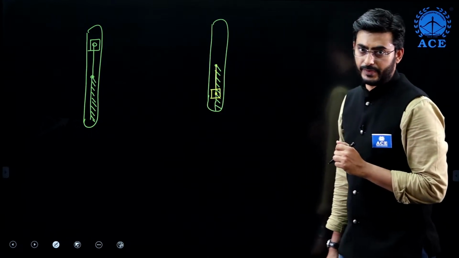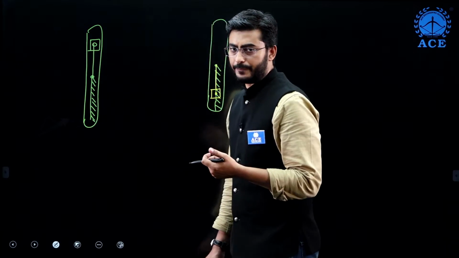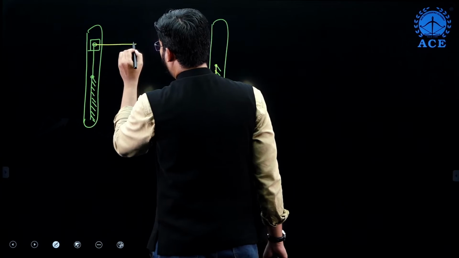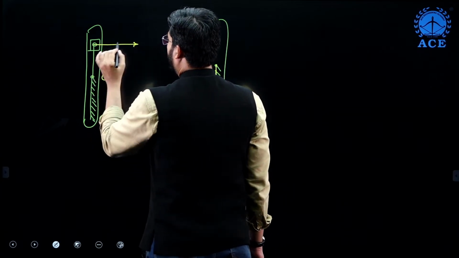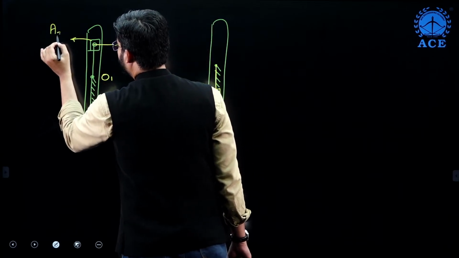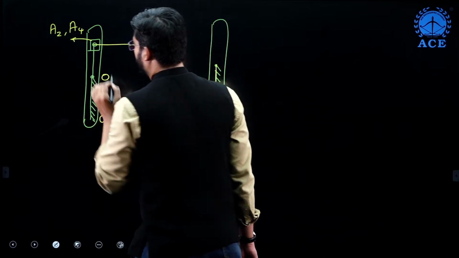Okay. Now here if you notice, the input link is the crank and slotted bar. Now here at this point, this is O1 and this is O2, and let us say we are having 2 points. A2 is on the crank and A4 is on the slotted bar.